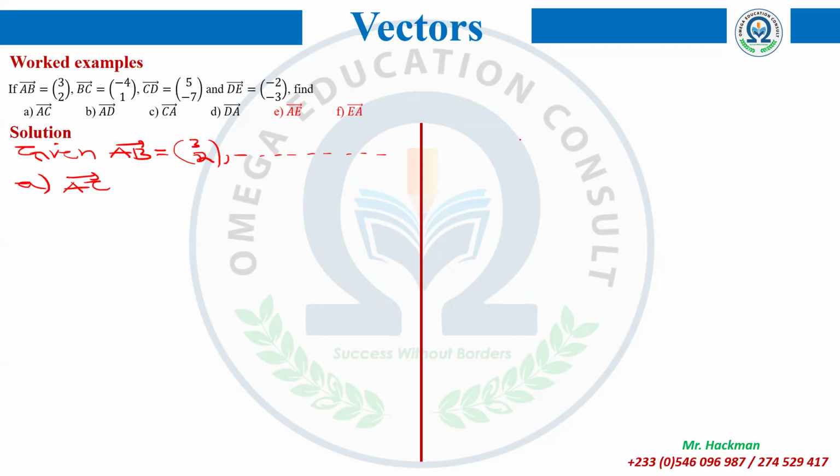Here, if you look at the 4 vectors that we have, how many distinct points can we mention? Vector AB, BC, CD, DE. How many points do you see in all the vectors that we have there? You know, vectors are made of points.